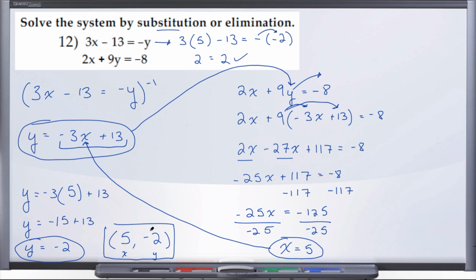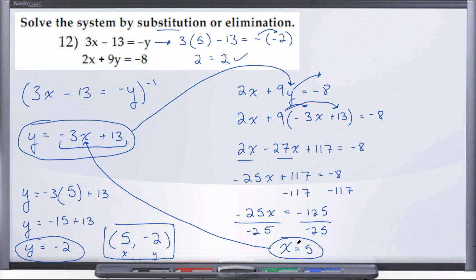If you take your solution, plug it into both equations, and it's only true for one and not the other, then your solution is incorrect. You have to derive a solution that works for both equations, and in this case 5, negative 2 would work, but for the sake of time I'm not going to plug it in here.